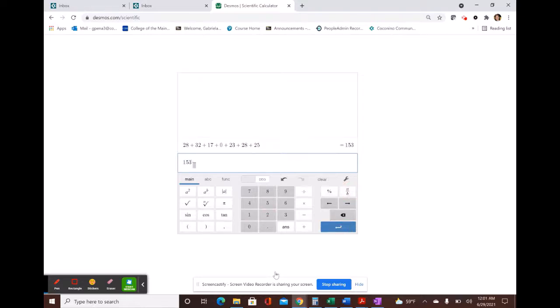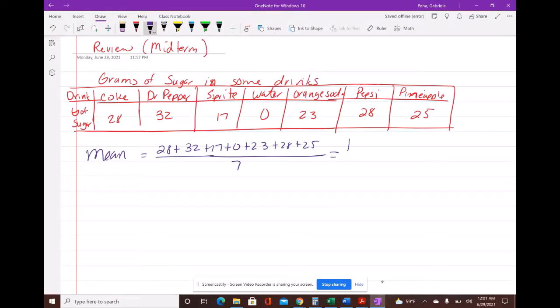I'm going to do 153 divided by 7, which gives me 21.857. So we're going to round this to 21.9 just to make things easy. So that's my mean.